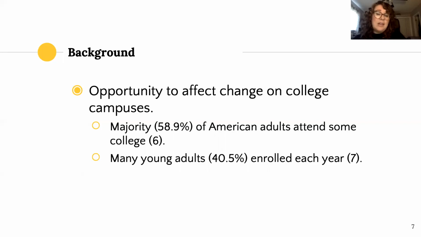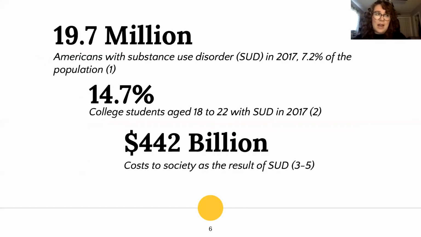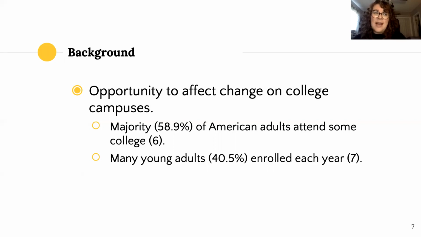And roughly every year, at least in recent years, just over 40% of young adults enroll in college each year. And again, we've got a really high prevalence of substance use disorder among those college students. And we have this captive audience where there's a ton of our population in this country who are on those campuses and affected by this issue.